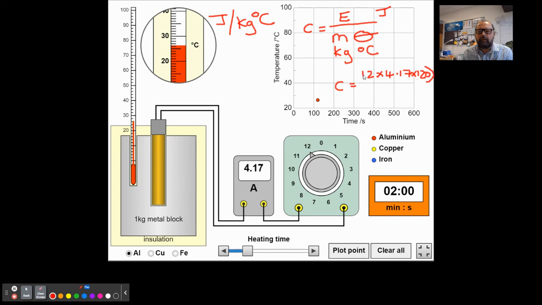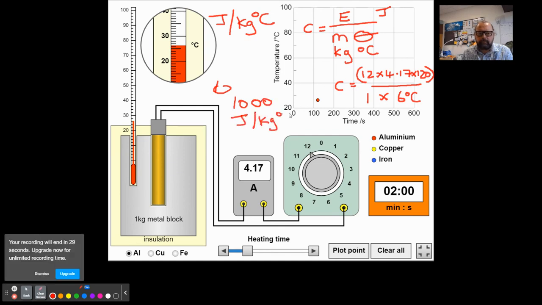And that calculation will give me my energy supplied to the heater divided by 1 kilogram times 6 degrees C. If I do that maths on my calculator, I get an answer for the specific heat capacity of aluminium of just over 1000 joules per kilogram degrees C.